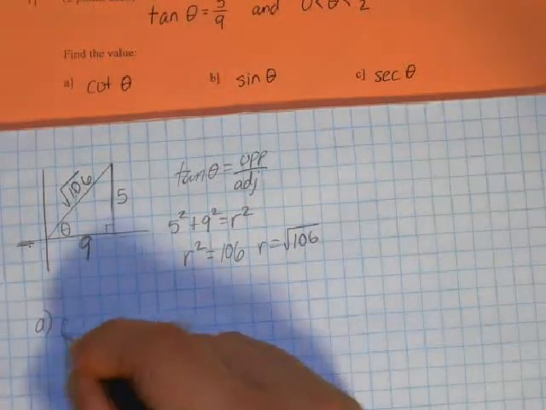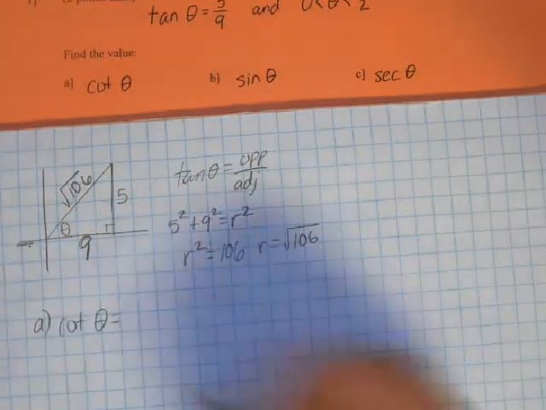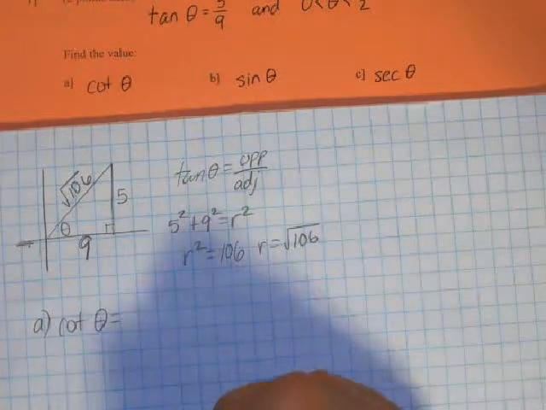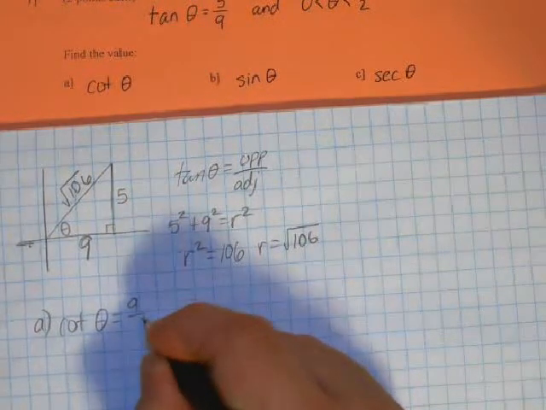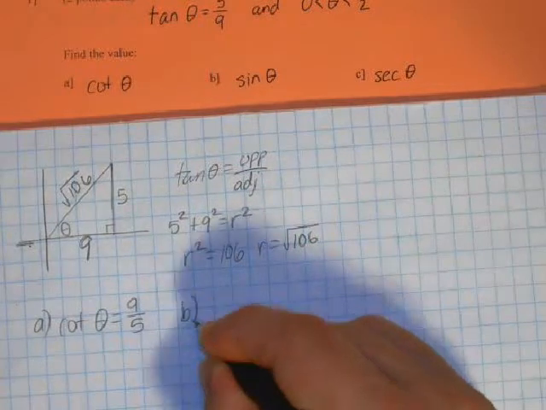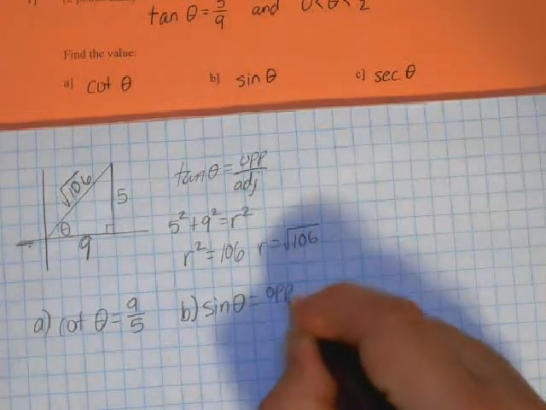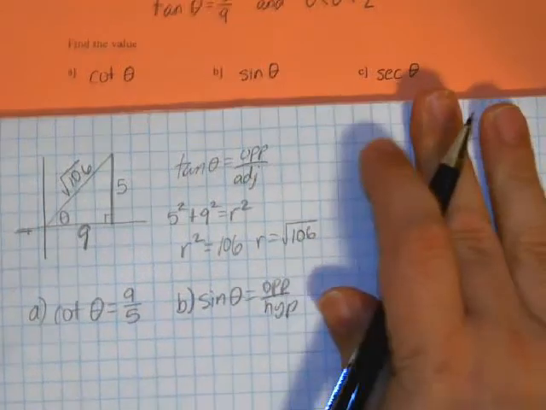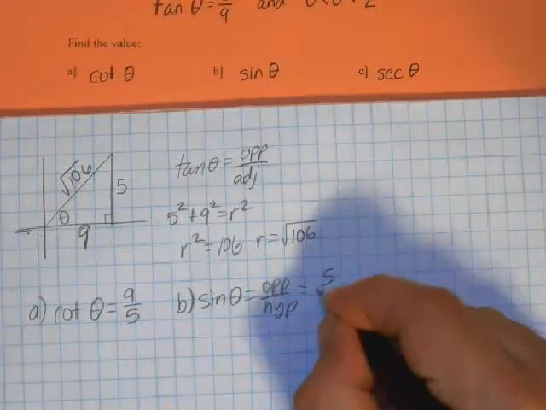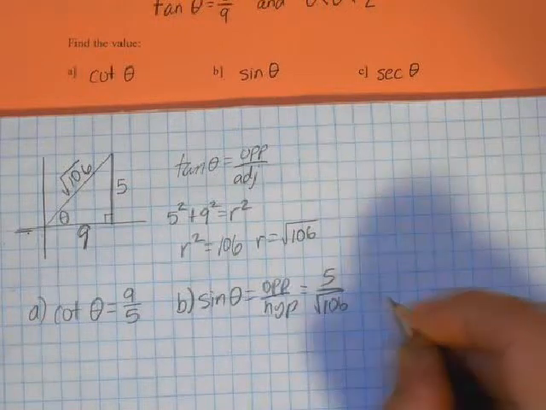For A, cotangent of theta is adjacent over opposite. We get 9/5. For B, sine of theta we know is opposite over hypotenuse, so we get 5 over radical 106.